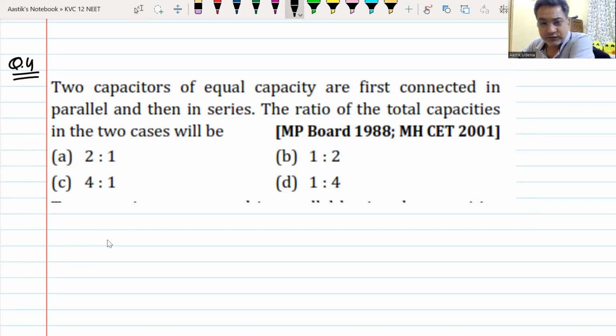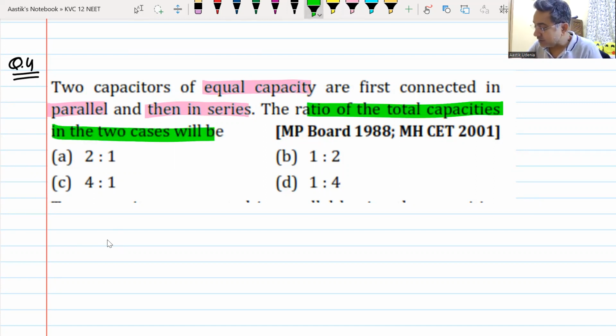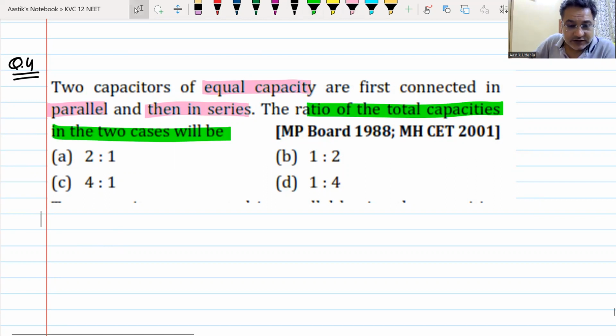Two capacitors of equal capacity are connected in parallel and then they are connected in series. You have to find out the ratio of capacities in the two cases. I'll give you 2 minutes to solve this.